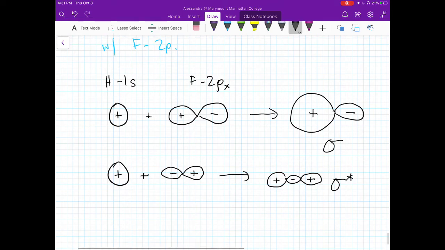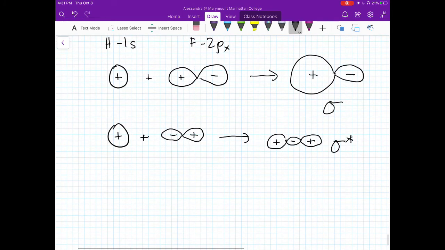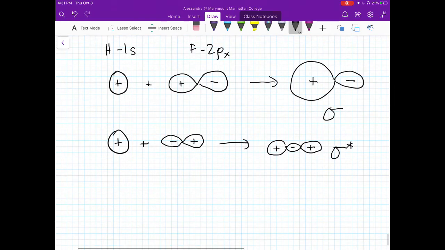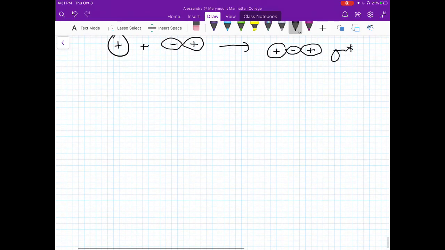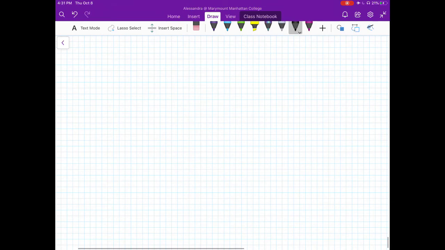So we could draw an MO diagram for the HF molecule with this in mind. The hydrogen 1s orbital is going to be a little bit higher in energy than the three 2p orbitals on fluorine.